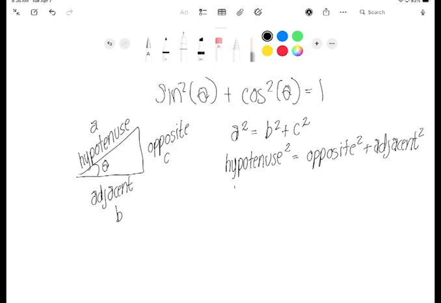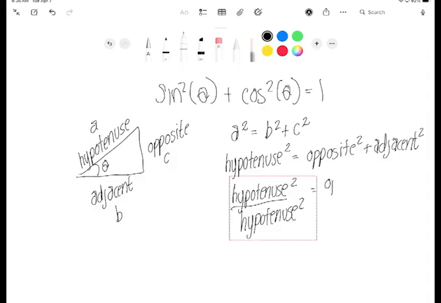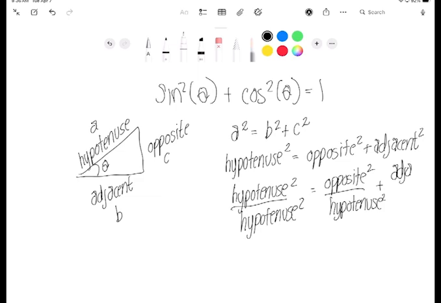So we have hypotenuse divided by hypotenuse squared, and that equals opposite over hypotenuse squared plus adjacent over hypotenuse squared.